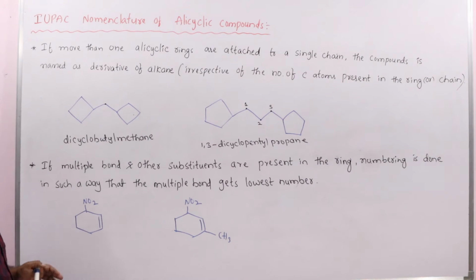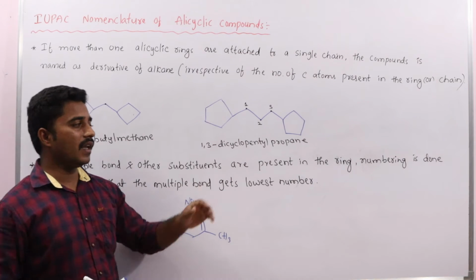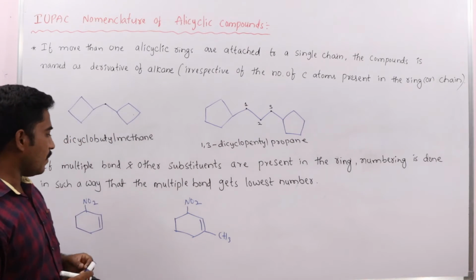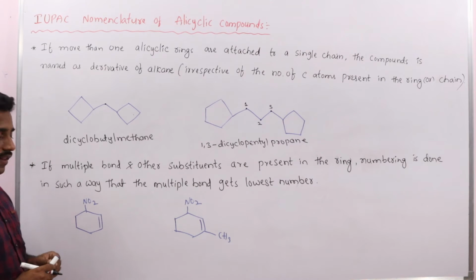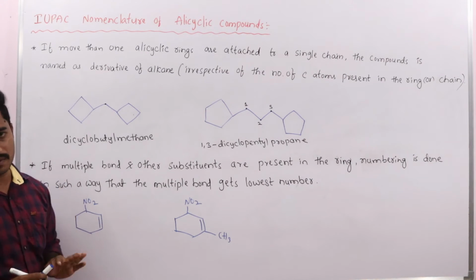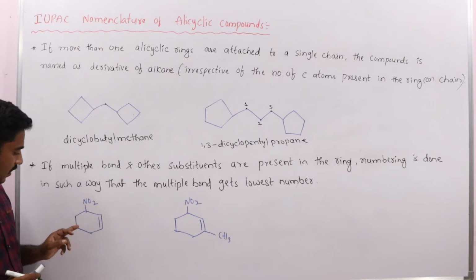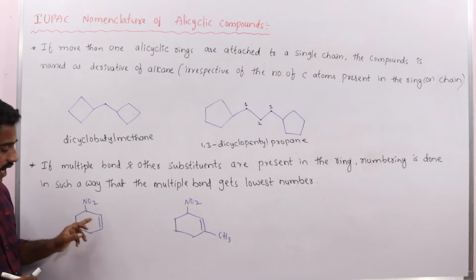So let us see the next one. If a multiple bond and any other substituents are present in the ring, then the numbering is done in such a way that the multiple bond should get the least number. Multiple bond gets the least number. So here in this ring, a substituent is there as well as a multiple bond.